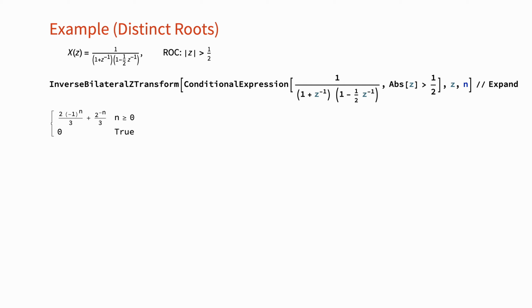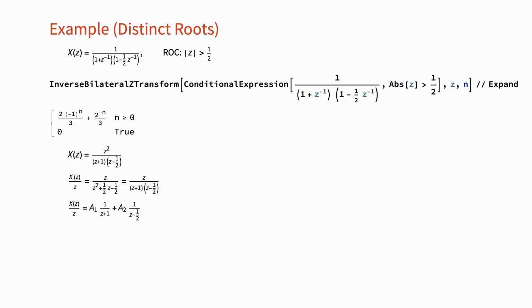Now, to find the inverse Z-transform by hand, let's first write the Z-transform in terms of positive powers of z. This way, it will be easier since the steps will be similar to partial fraction decomposition of a rational Laplace transform. Note that the expression in terms of positive powers of z is improper, and so we'll first have to reduce the order of the numerator polynomial by dividing it by z, as shown here.